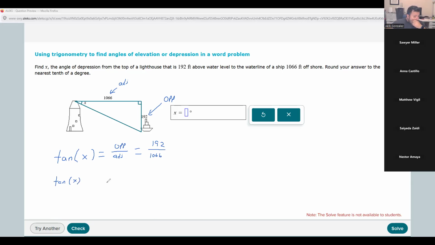The adjacent over opposite? Well, if we did, we'll get a decimal, but that would only tell us that tangent x is equal to that. But we want to get rid of the tangent first. How would you get rid of the tangent? Because I need this guy, right?